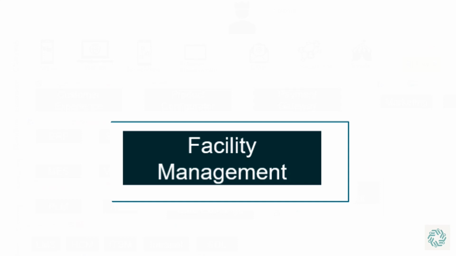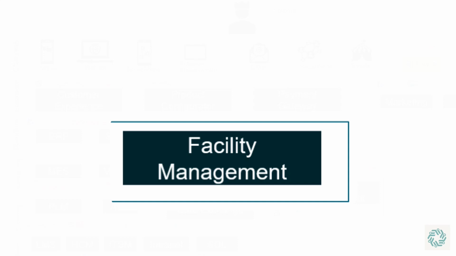For facility management, there are primarily two types of software available: Computerized Maintenance Management System (CMMS) and Computer Aided Facility Management (CAFM). The CMMS software is a digital platform that is solely dedicated to managing maintenance operations for facility and equipment.